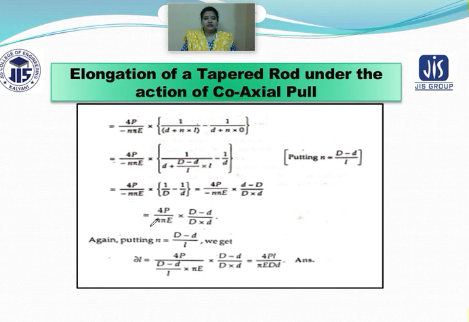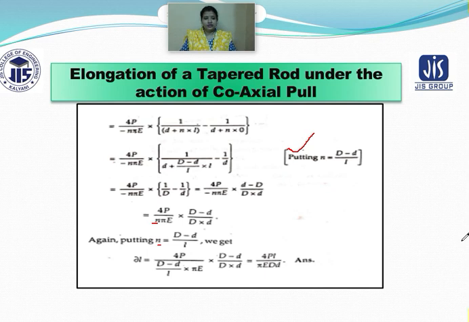In this, the small n value is known to you, that is capital D minus small d by L. So if you put capital D minus small d by L for n, you will get the final equation for del L, that is 4PL by pi E capital D small d.